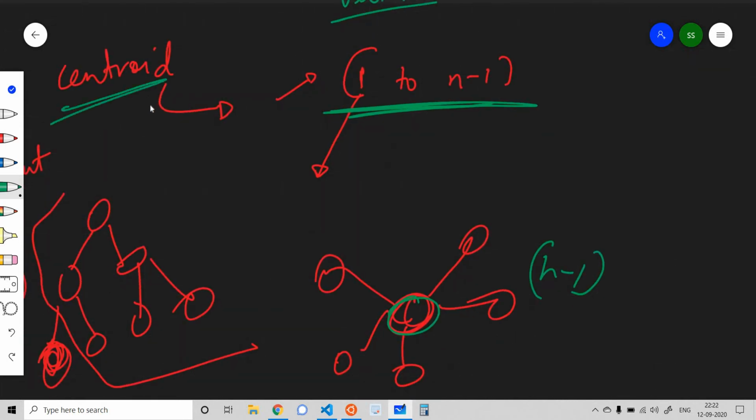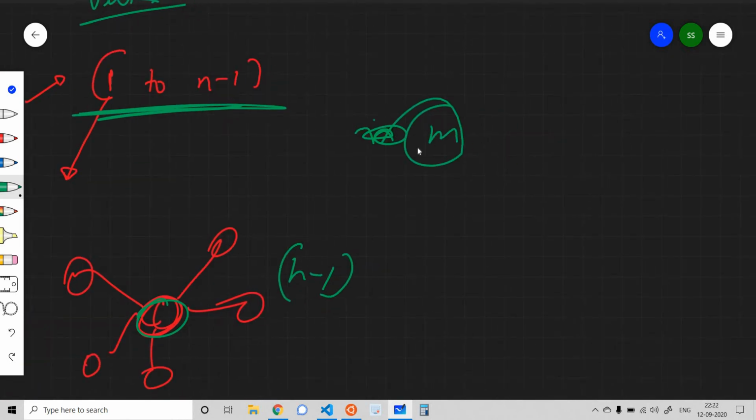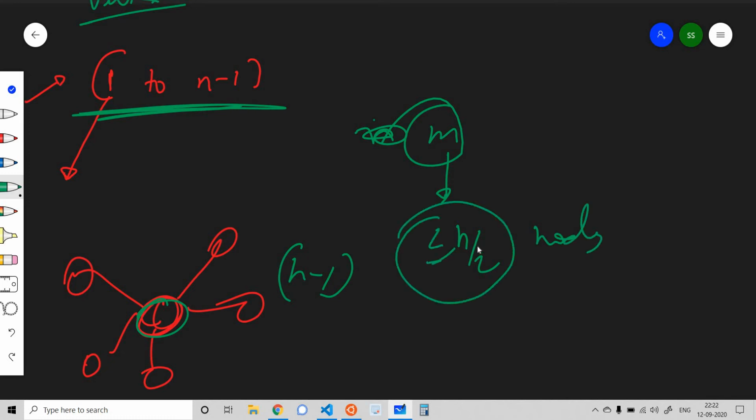So what a centroid is: if we delete a vertex which is the centroid, then suppose we have m components, which are subtrees. All of those components can have at most n by 2 nodes, that is, less than or equal to n by 2.